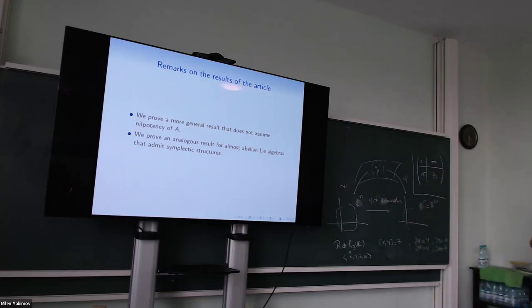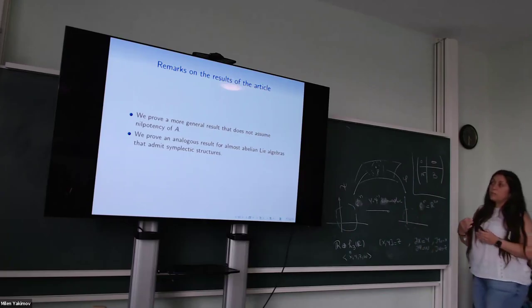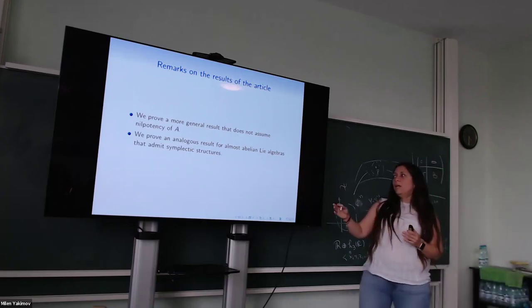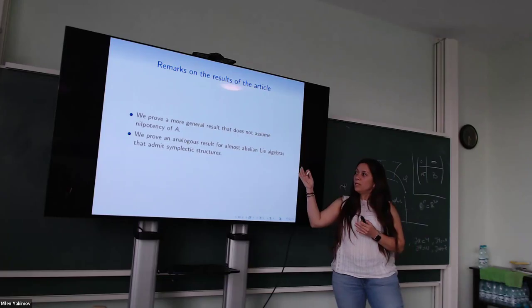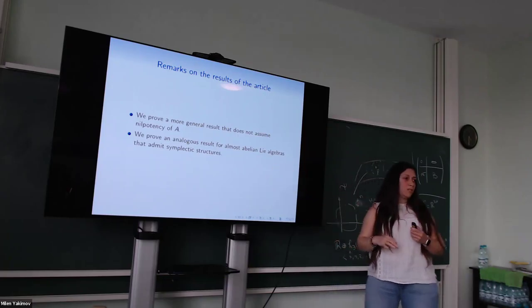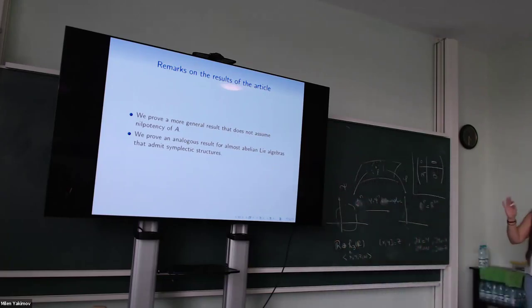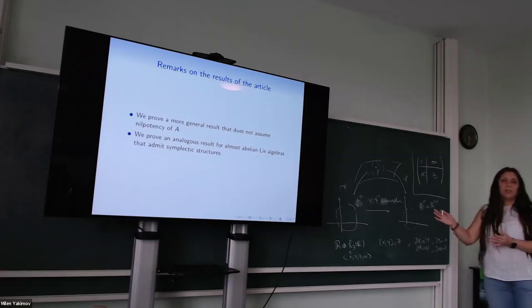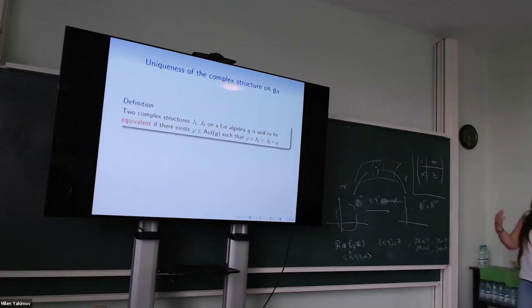We also have an analogous result about which almost abelian algebras admit symplectic structures. So we have a similar theorem written in terms of the Jordan normal form of A. But I focus on the nilpotent case because I am going to speak about the other work.